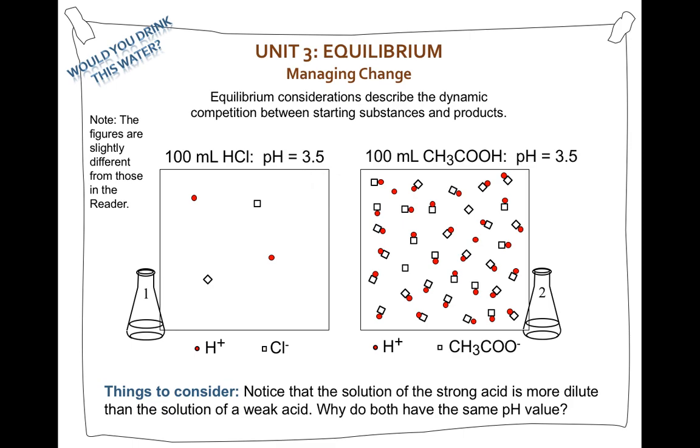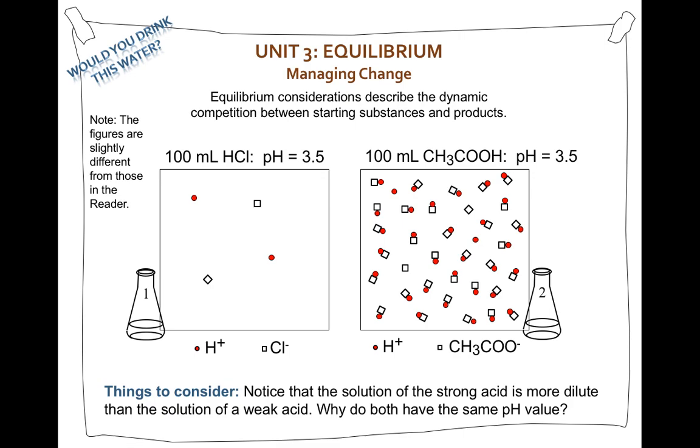We can also make a solution of acetic acid, CH3COOH, that has a pH of 3.5, but we just have to use a lot more acetic acid to do so because its dissociation is not as strong. So here, the difference in concentrations is making up for the difference in the Ka values.